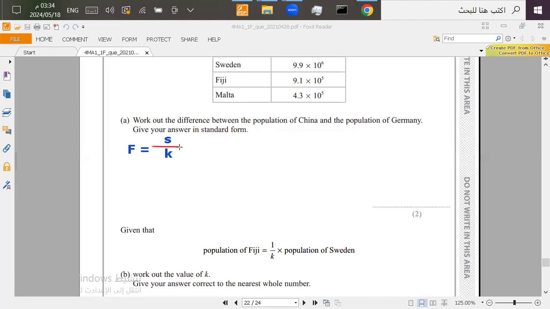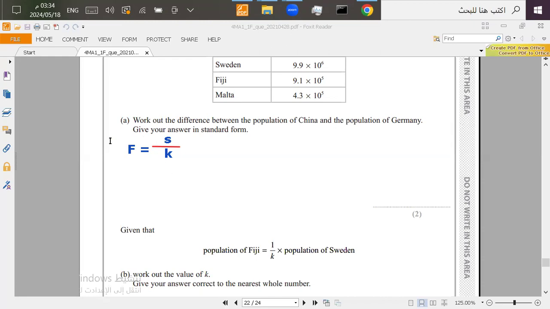Because in the formula that they gave me, Fiji equals 1 over K times Sweden. Sweden will be multiplied by the 1, so it's going to be in the numerator, and the K will be in the denominator.